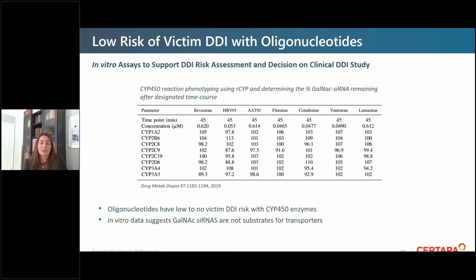And in my experience, we actually helped with the submission for one of these molecules, which did not specifically include a CYP phenotyping assay, but we were able to build a case, based on the knowledge of the metabolism of these drugs and of similar oligonucleotide classes or conjugates, that the data was not needed.